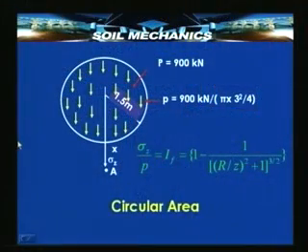See here, this diagram shows that this is the circular area of radius 1.5 meters, uniformly loaded. The load per unit area is 900 by pi into d square by 4, and the formula that is to be used for computing influence factor is this, provided the ratio R upon Z lies beyond the range of the table.